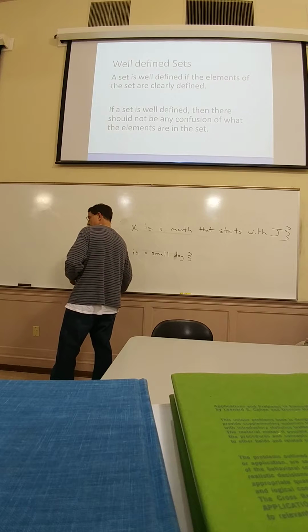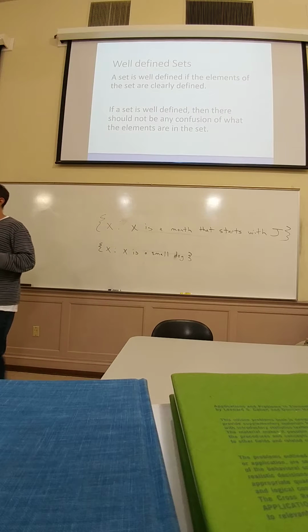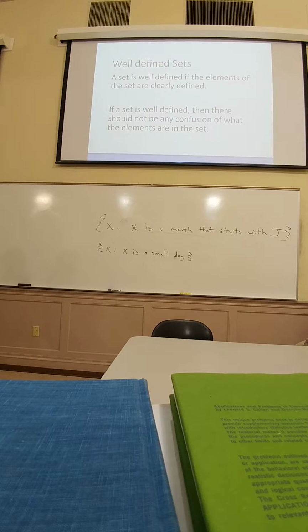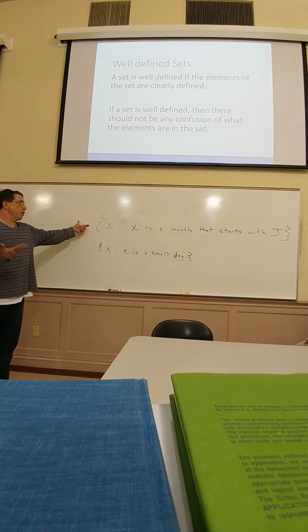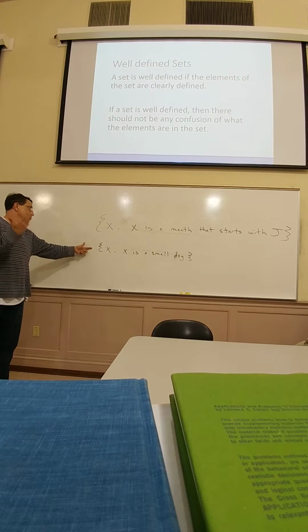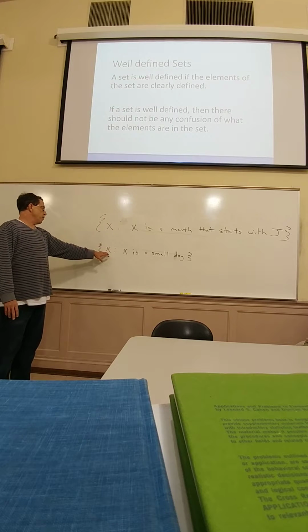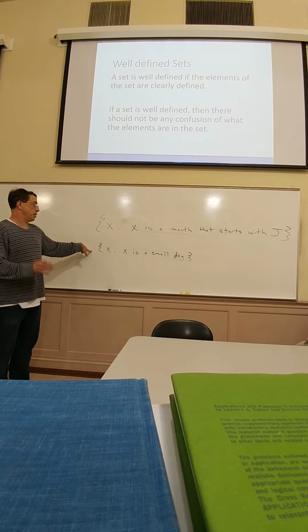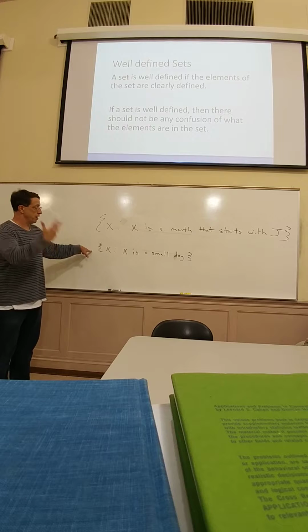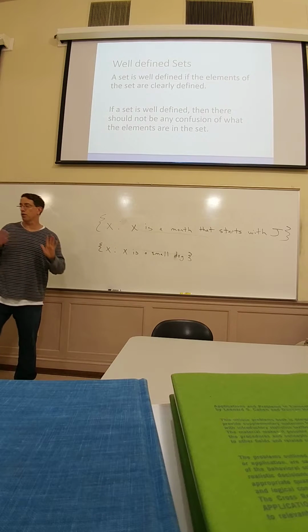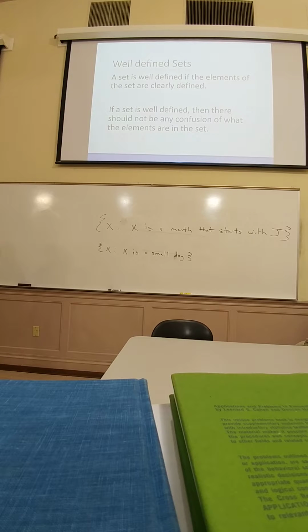So anyway, that is an example of something that is well defined, a month that starts with J, as opposed to x such that x is a small dog. And sometimes you have to be careful. A small dog can be defined by some weight class, say less than 20 pounds or something like that. But in this case, just using the word small is going to make it not well defined.